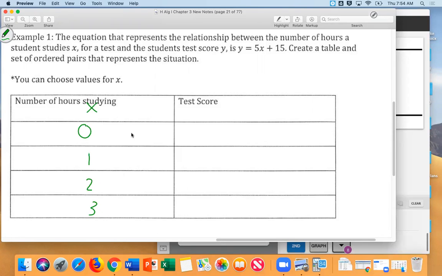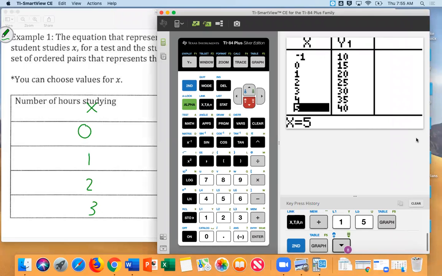Now my test score is going to be my y values. Now, what I can do to get these y values very quickly is just look at my table. Notice 0 corresponds to 15, 1 corresponds to 20, 2 corresponds to 25, and 3 to 30.